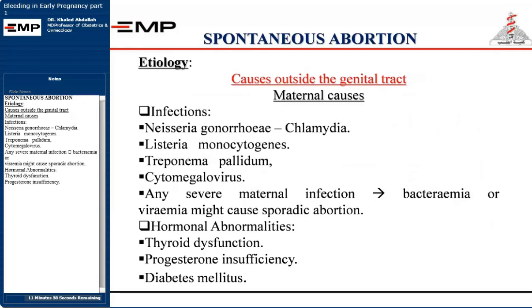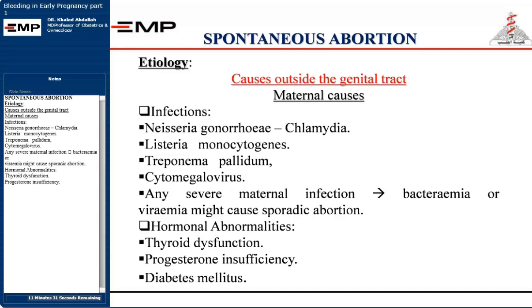Spontaneous abortion. Etiology: causes outside the genital tract. Maternal causes: infections, Neisseria gonorrhoeae, chlamydia, Listeria monocytogenes, Treponema pallidum, cytomegalovirus. Any severe maternal infection, bacteremia or viremia, might cause sporadic abortion.